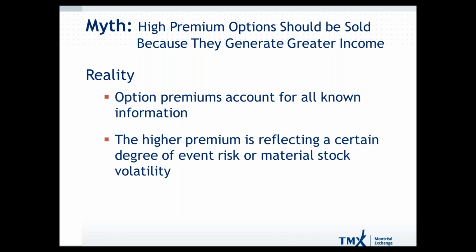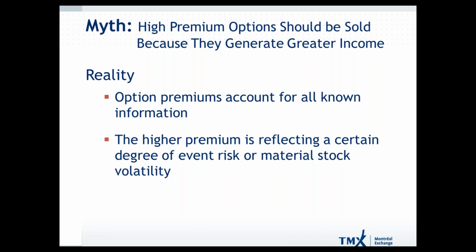The higher premium is in fact reflecting a certain degree of event risk or material stock volatility, which means that the higher the option contract premium, the higher the probability, at least in the eyes of the market, that the stock is going to move sufficiently for that contract to be in the money. So that is priced into it.